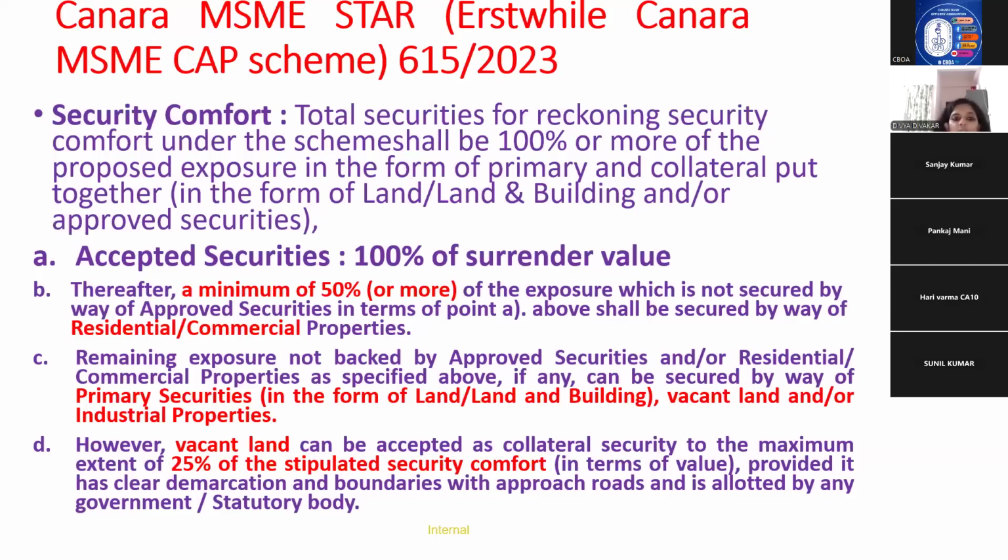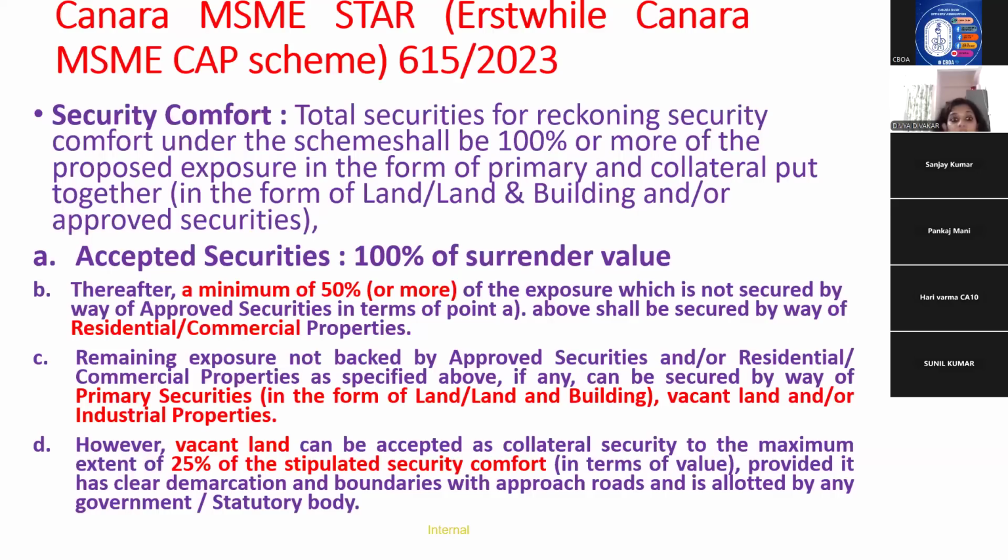Okay, the remaining exposure not backed by approved securities or residential or commercial properties can be by way of primary securities in the form of land, land and building, vacant land, or industrial properties. However, remember, vacant land can be accepted only up to 25% of the stipulated security comfort.